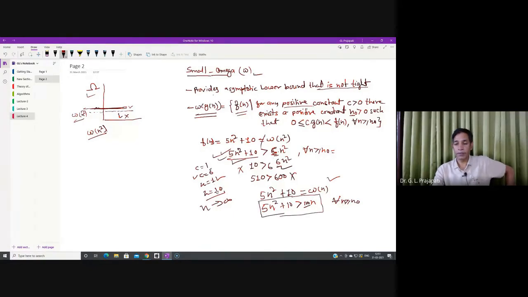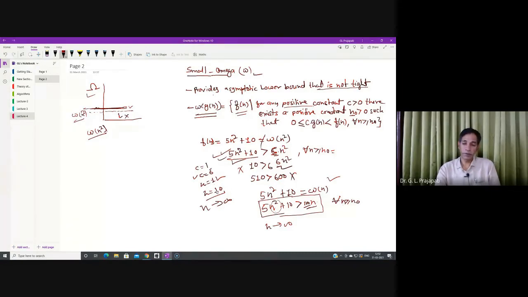Because you know that this is a linear function, a polynomial of degree 1, and this is a polynomial of degree 2. And when n tends to infinity, the rate of growth of n square is very large as compared with the polynomial of degree 1.